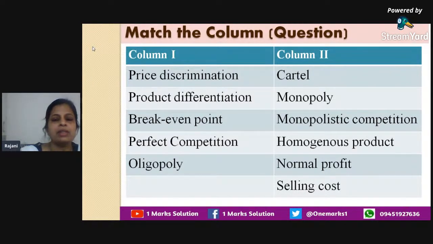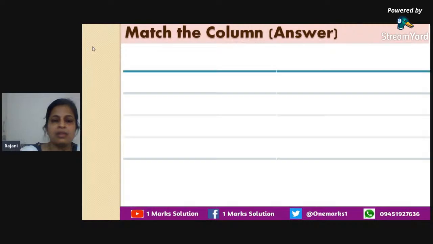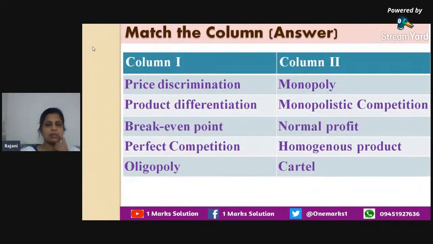Perfect competition means homogeneous product, and oligopoly means cartel. So see the correct option: price discrimination relates to monopoly, product differentiation to monopolistic competition, break-even point to normal profit, perfect competition to homogeneous product, and oligopoly to cartel.